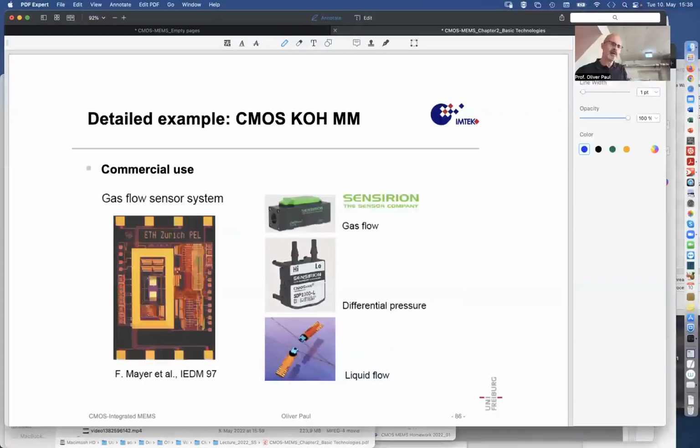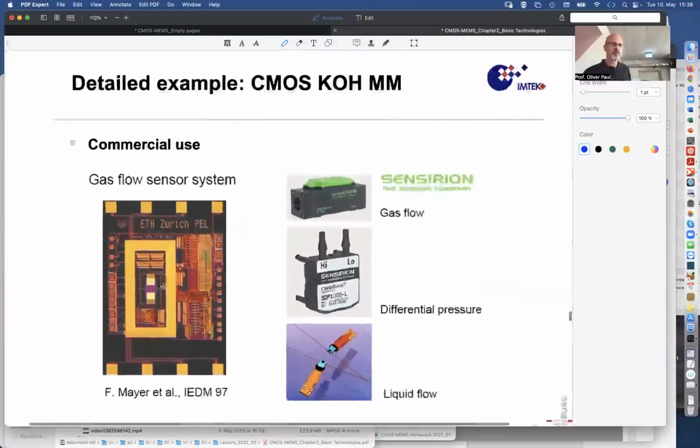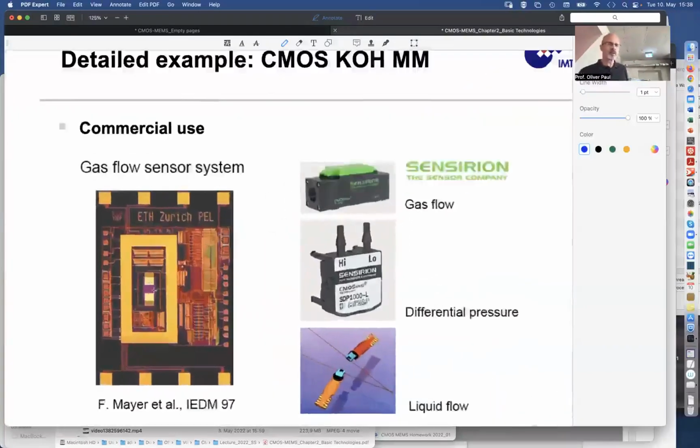And then this contains thermocouples from two sides to measure two temperatures on the membrane. And it contains a line that you also see here that is a heater that allows to heat the membrane.